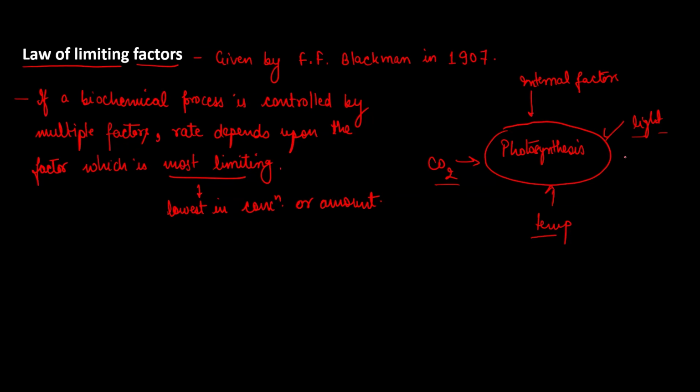Suppose for light the optimum value is, say, 20, and for carbon dioxide the optimum is, say, 10. Now, you have kept the plant in a condition where it is receiving light of 5 units and CO2 also of 5 units.